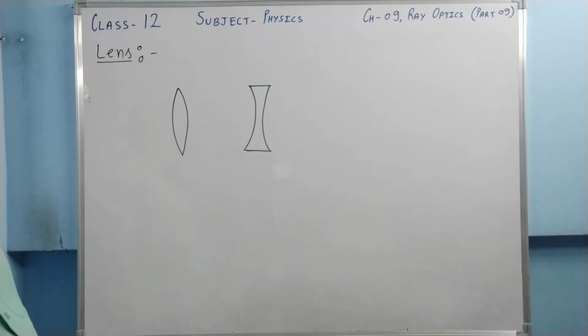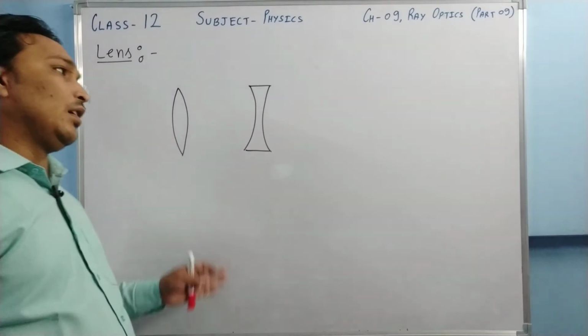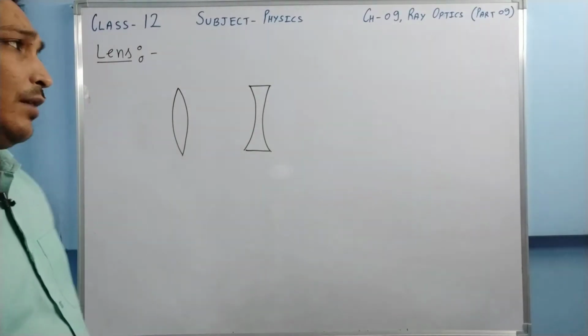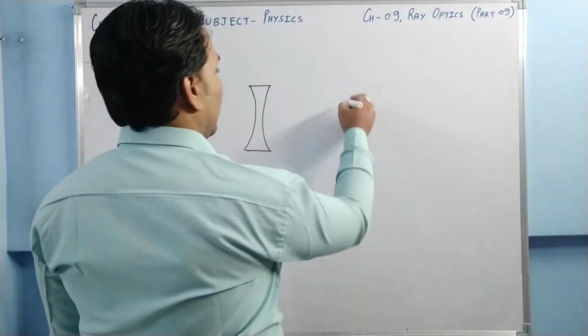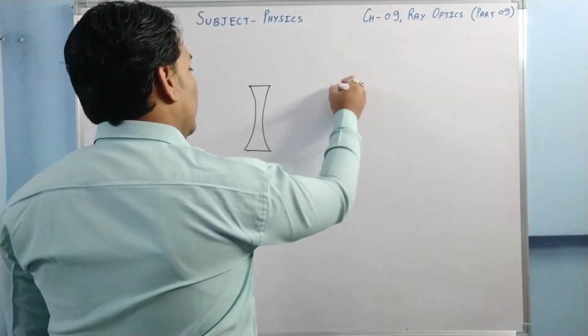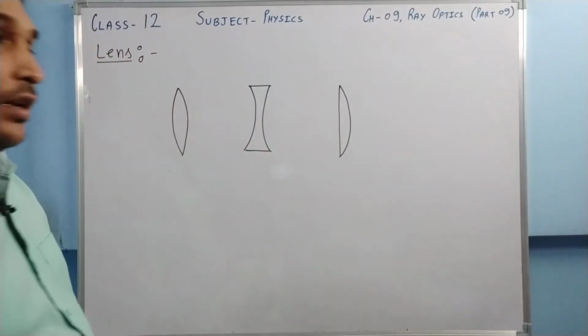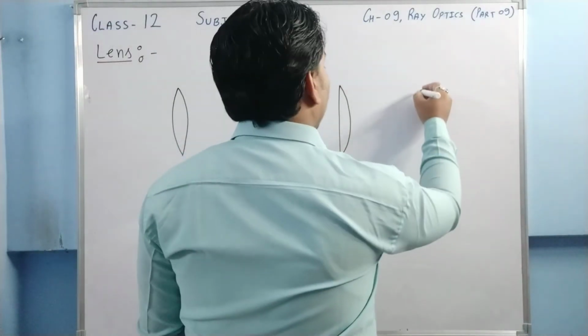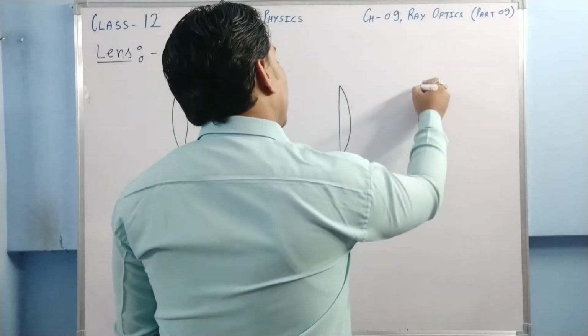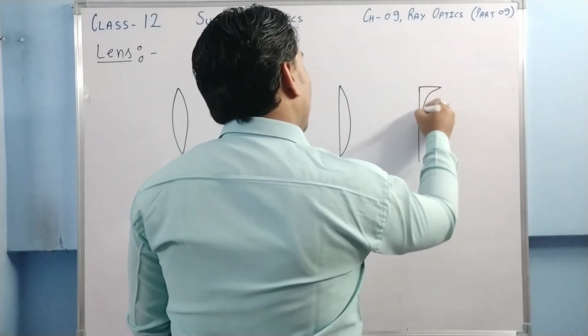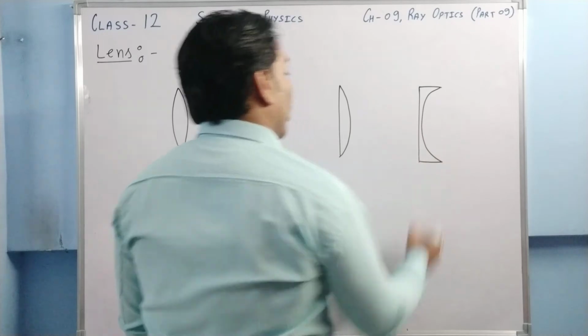Other types of lenses can also be made. If one surface is plane, it will be a plano-convex lens. If one surface is concave and one surface is plane, the lens will be a plano-concave lens.